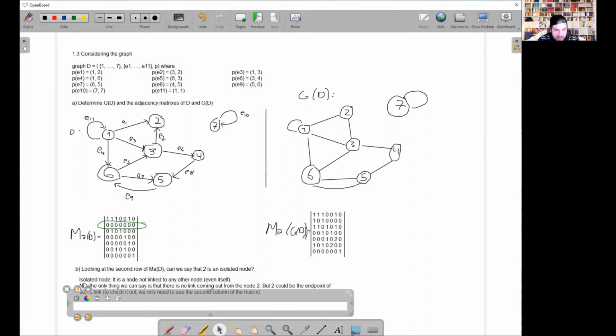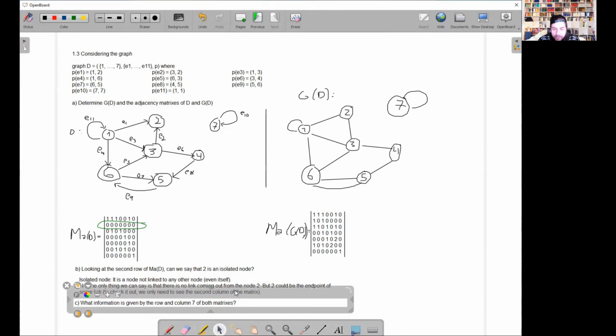Okay, now they ask what information is given by the row and column 7 of both matrices.